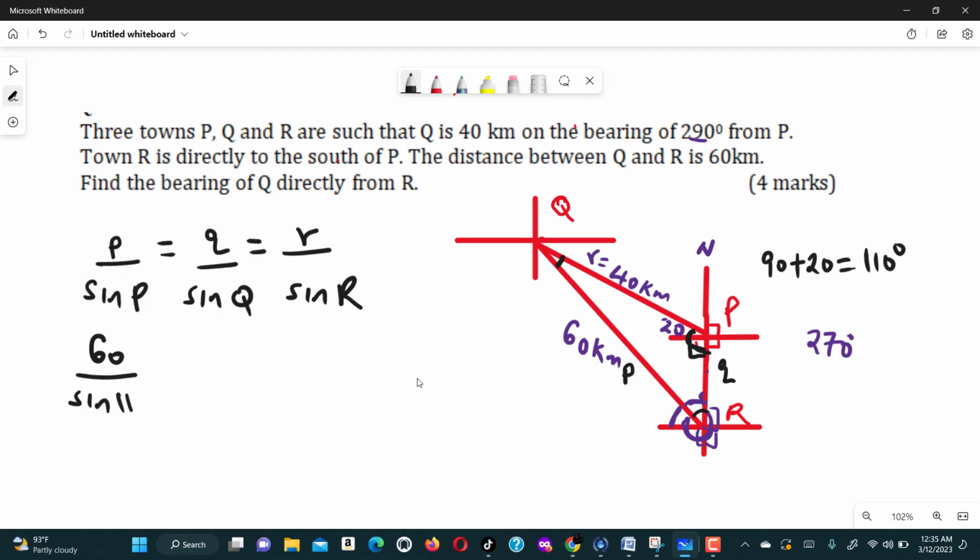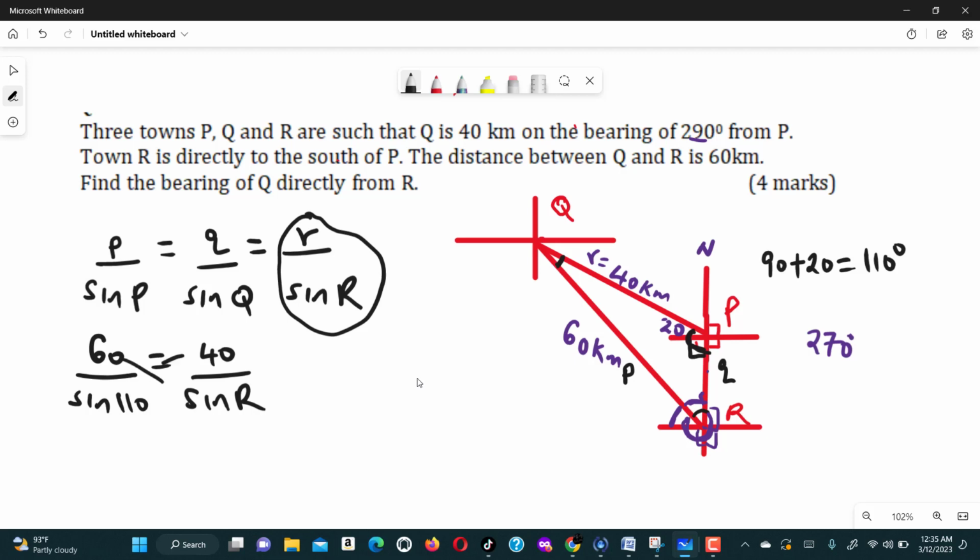So the sine of 110 is equivalent to, we want to find angle R, so we're going to use this one. r is 40 divided by the sine of angle R, which we don't know. Let's put it capital letter R.